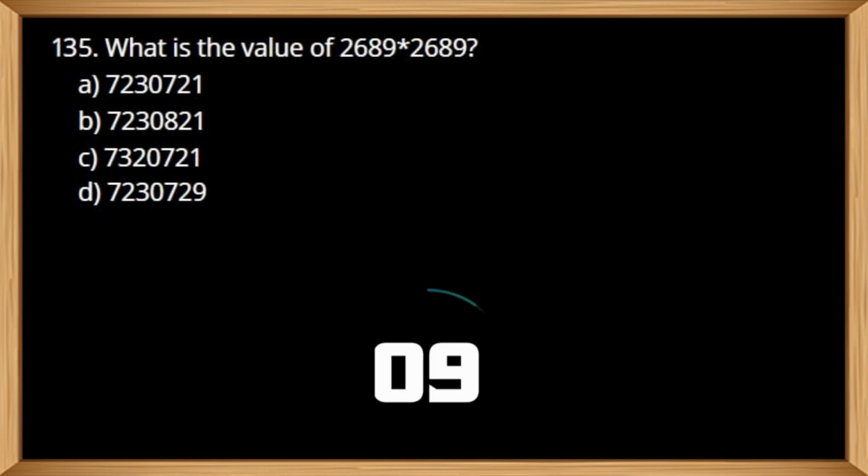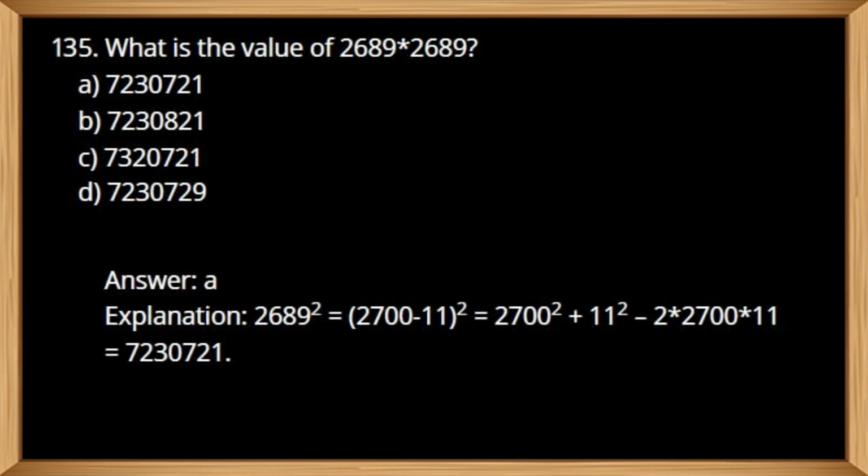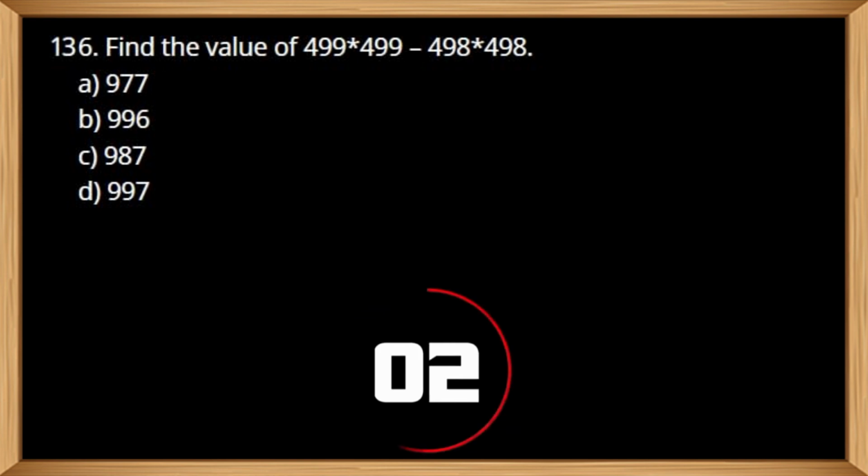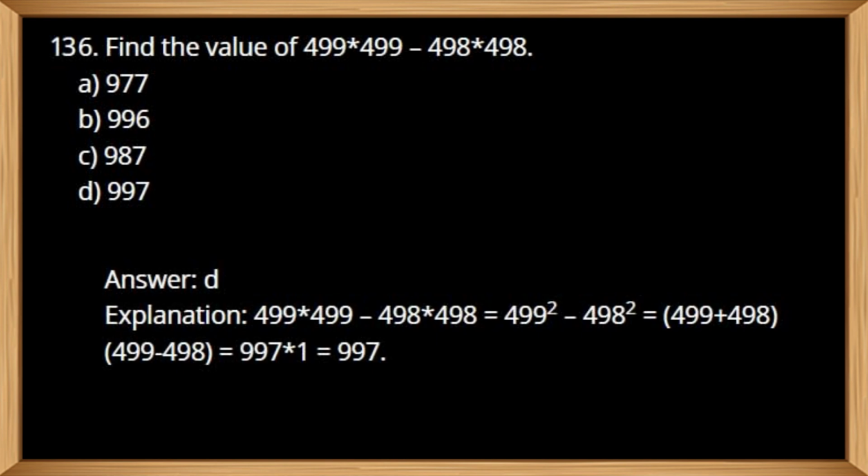What is the value of 2689 into 2689? Option A: 7230721. The value of 499 into 499 minus 498 into 498. Option D: 997.